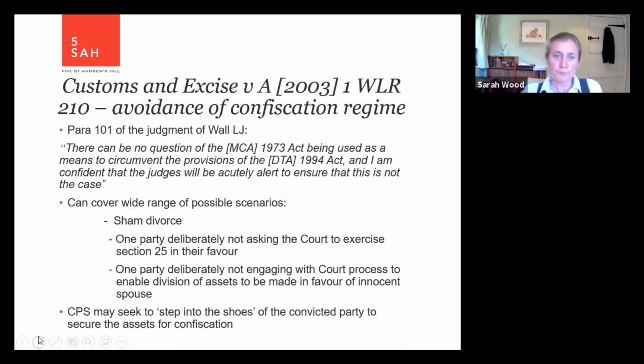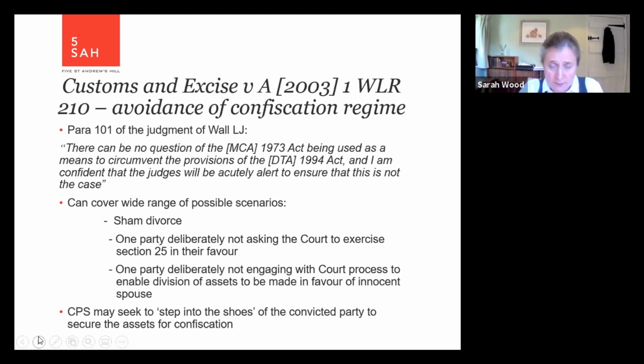So those cases that we've just trotted through there are the headline cases in relation to how the family court, which is obviously what we're dealing with, should exercise its discretion. We're dealing with tainted assets and a wife who may or may not know of the underlying criminality.